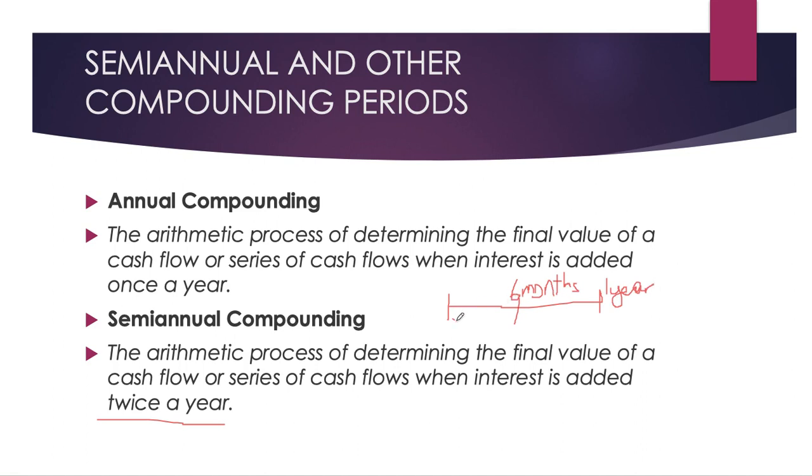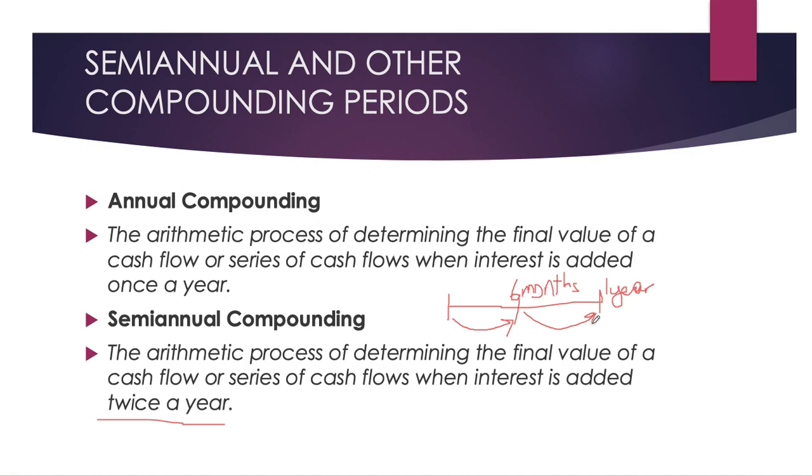So basically it's just like you are reinvesting at the end of the 6 months for another 6 months time period. But when you do the reinvestment, your interest is already added, so that will give you a bigger compounding effect.